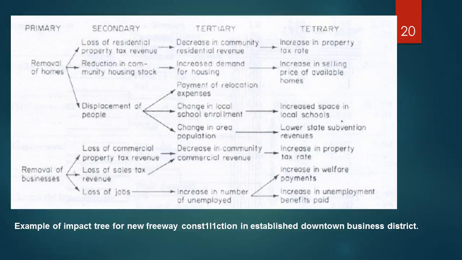This figure is representing the example of an impact tree for new freeway construction in an established downtown business district.